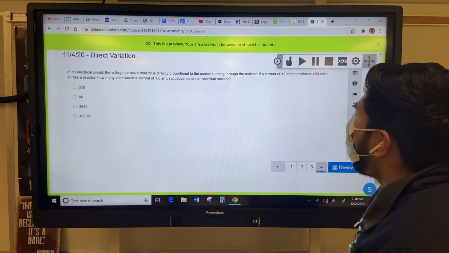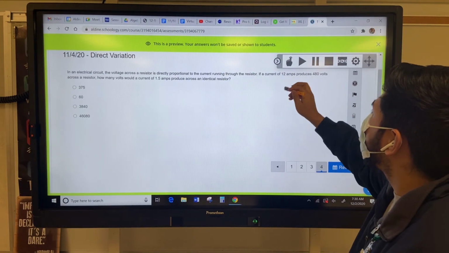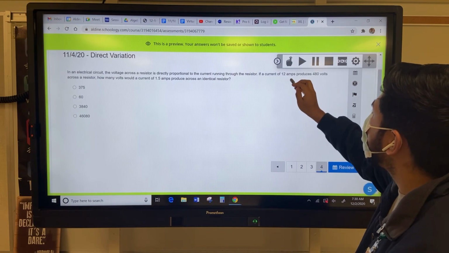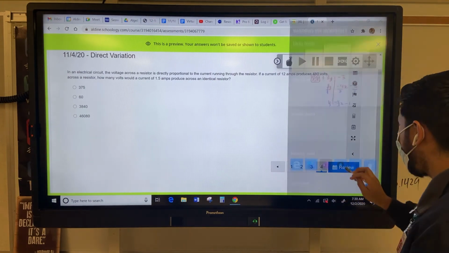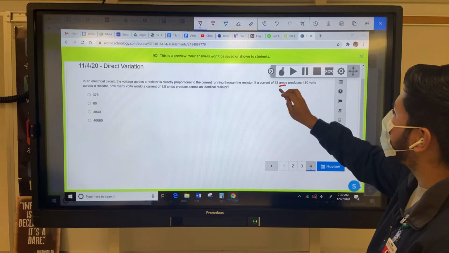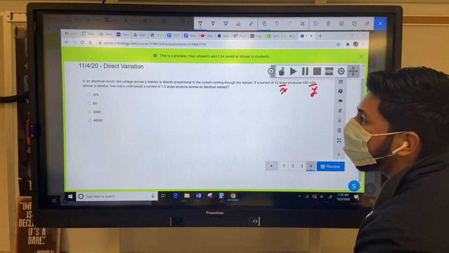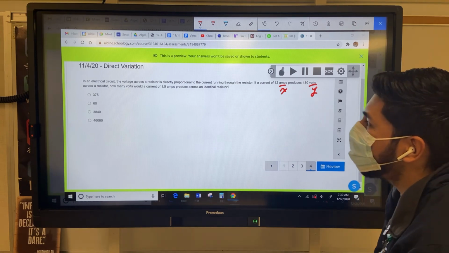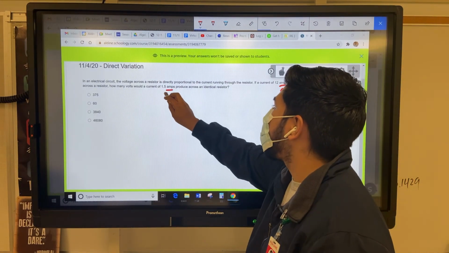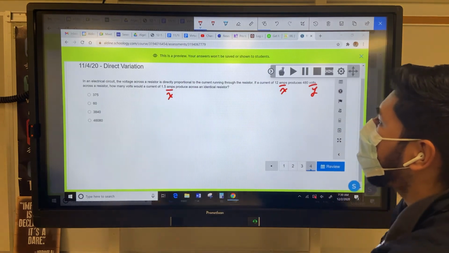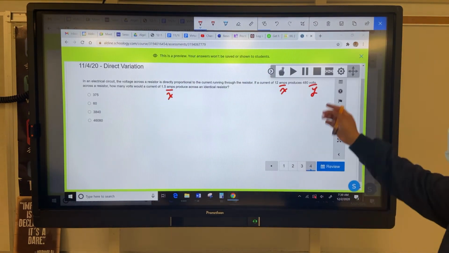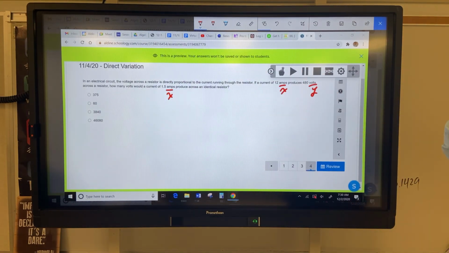Same thing for number 4. If a current of 12 amps, we can say amps is X, volts is Y, and then you could keep going. Both questions are looking for Y. So just put them in fractions and do your cross multiply divide.